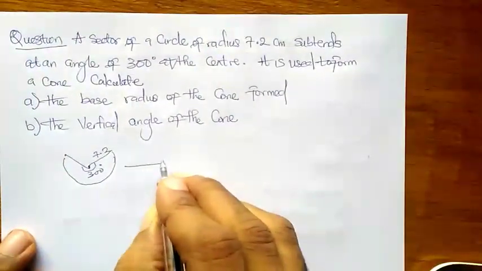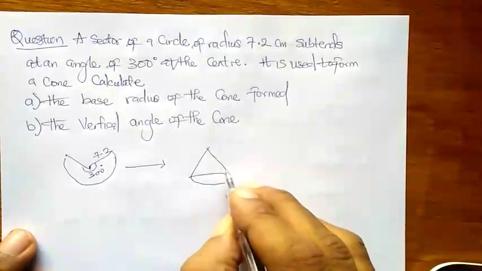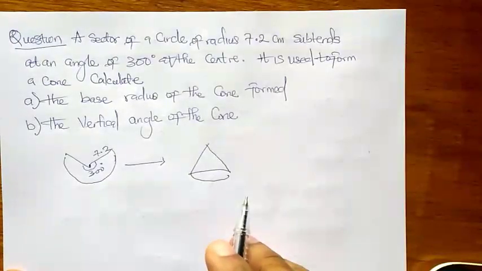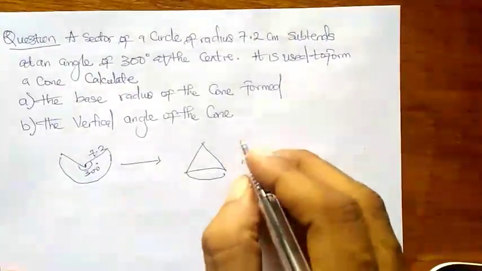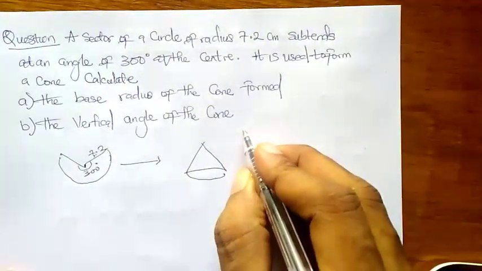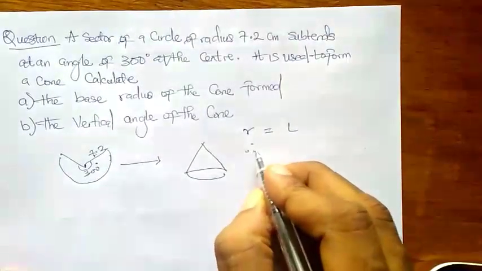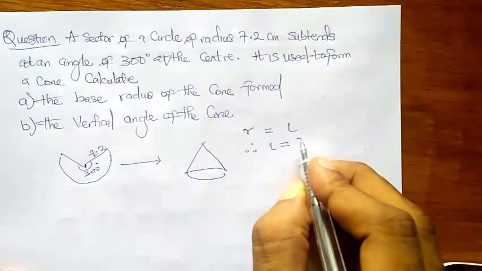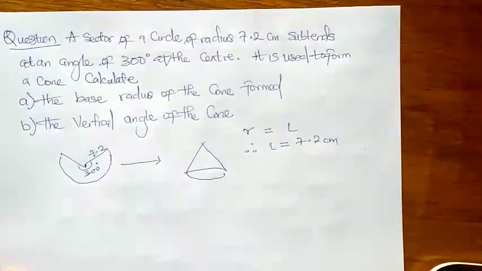Now we are going to fold our sector to give us a cone. Remember that the radius of the sector is equal to the slant length of the cone. So here we have that the radius is equal to L. Therefore, L is equal to 7.2 centimeters.